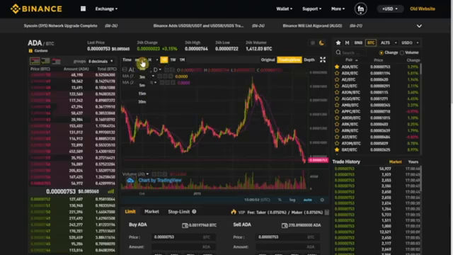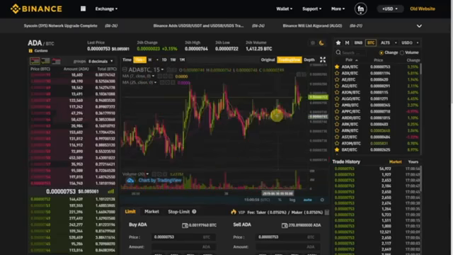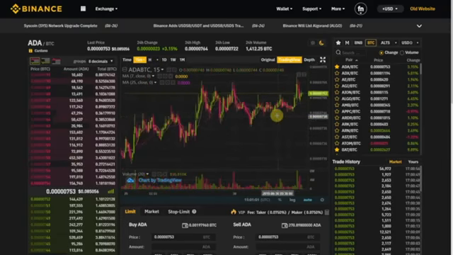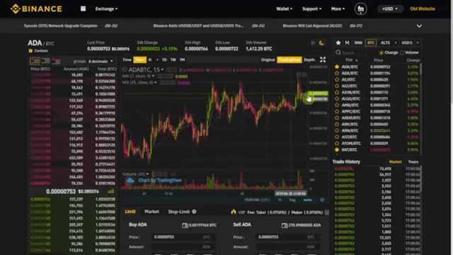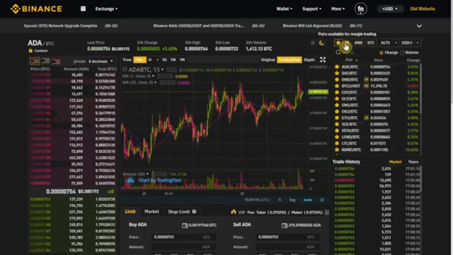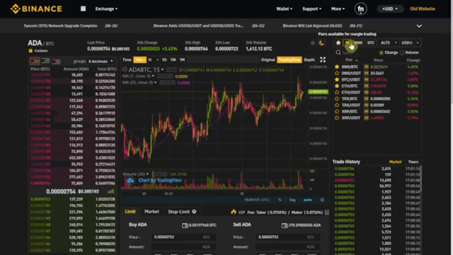You have the time frame selection, and it works really well inside the Binance website. Over here you have the pairs, the coins that you may buy or sell. You have a filter for your favorites. This is one of the new things they're developing, the margin trading.